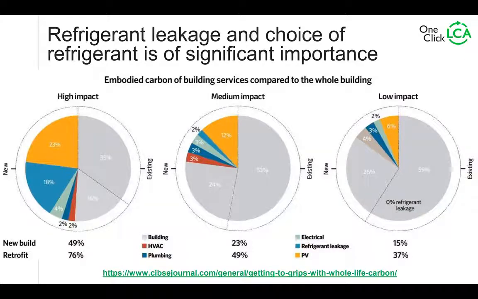But it's of course not enough for all types of buildings and all locations. So very likely for some types of buildings, and in southern and tropical conditions, you will always have air conditioning. And when you have air conditioning, you're going to have refrigerant fluids. And when you have refrigerant fluids, they will leak to the atmosphere.